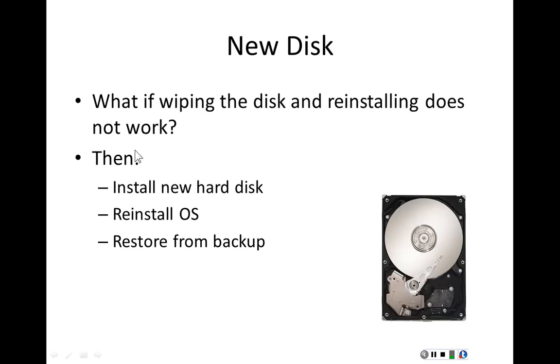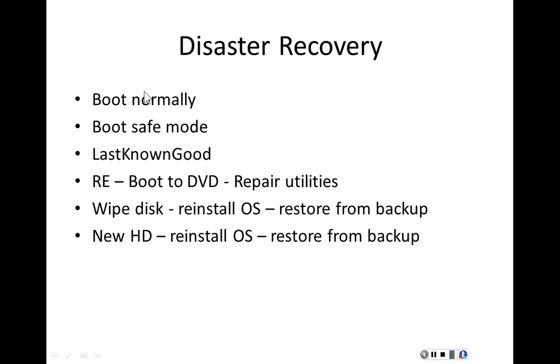But suppose you wipe the hard disk and you reinstall and it just doesn't take the operating system. Well, then that implies it's a bad hard disk. So if you've done all that and it still doesn't work, then get a new hard disk and reinstall the operating system and restore from backup.